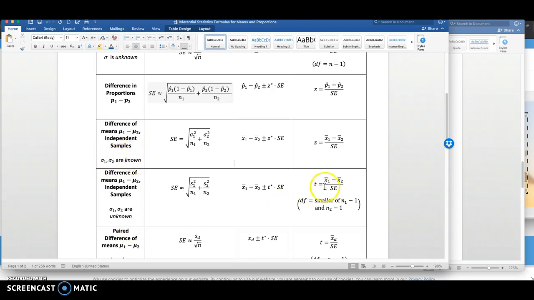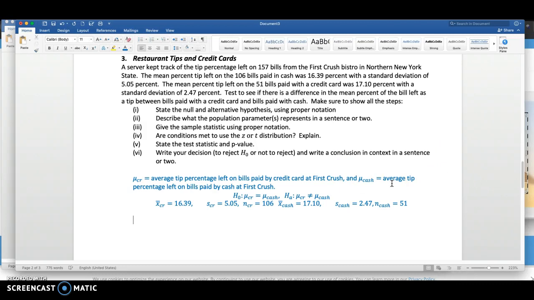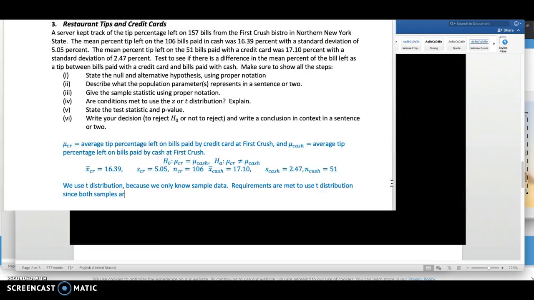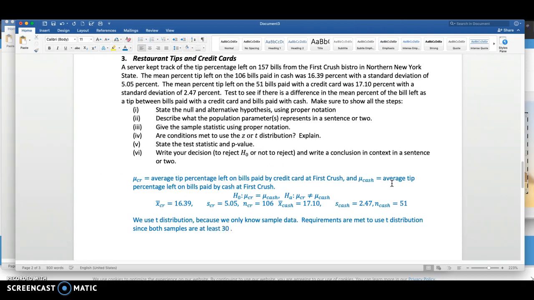I like to think about it this way: we're going to use T because we only know the sample data. So we use the T distribution because we only know sample data, and requirements are met to use the t-distribution since both sample sizes are at least 30. We've got 51 and 106.